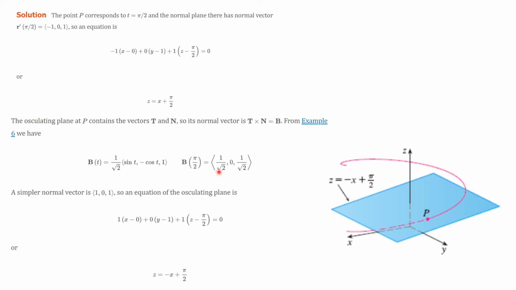So the normal vector is (1 over square root of 2, 0, 1 over square root of 2), but we could factor out the 1 over square root of 2 to get (1, 0, 1) as a simpler normal vector, and so the oscillating plane could be written this way, or solved this way. So you see we did this two different ways, and you can see that this is the plane that we get for this helix.